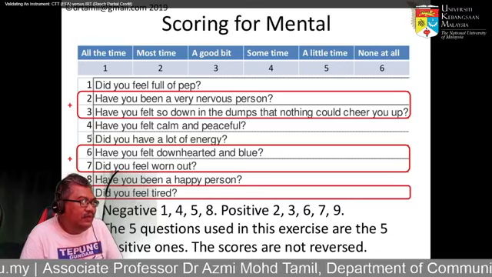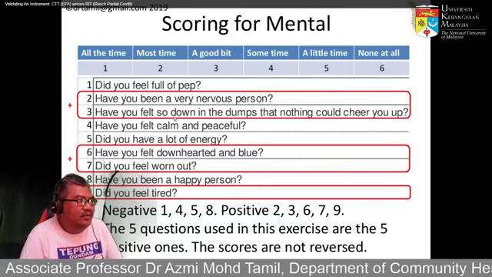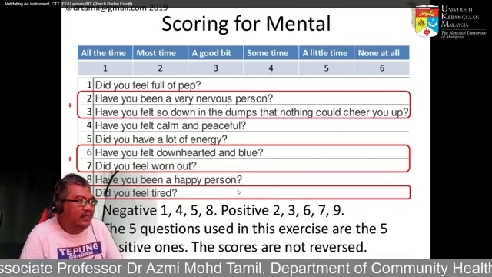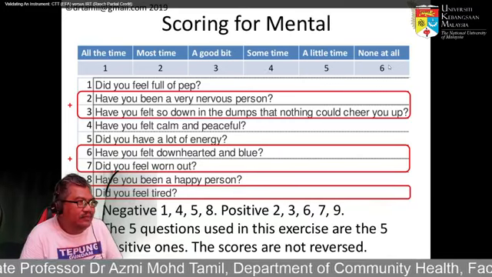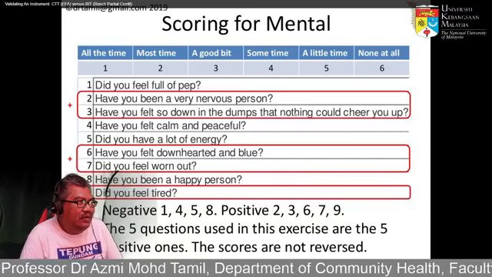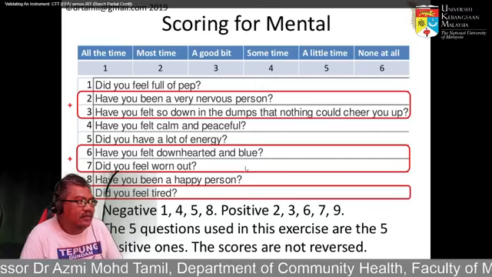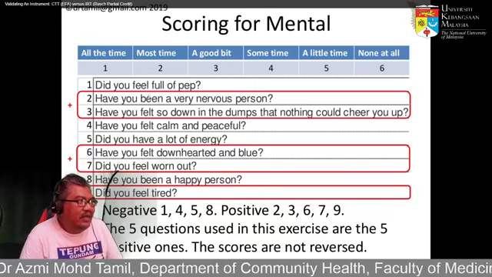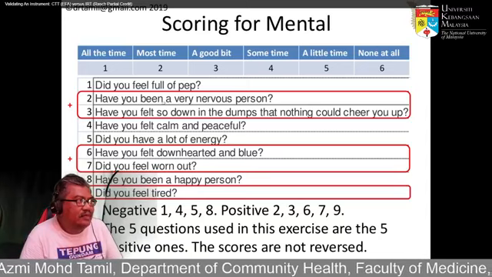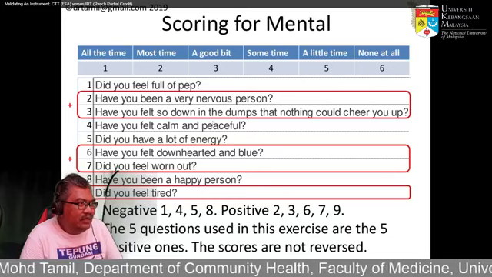Question 1, 4, 5 and 8 are supposed to be negative question. So negative question means the higher the score, the worse off you are. The other one, the positive question, the higher the score, the better you are.